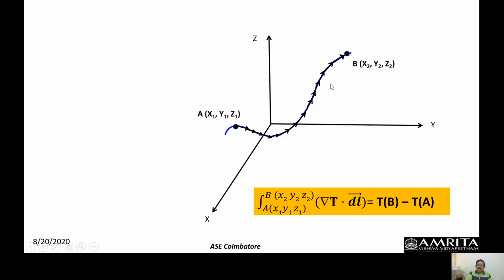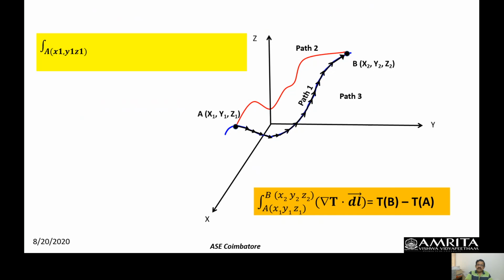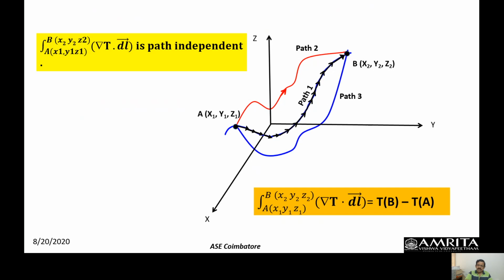So obviously the answer has to be yes. Indeed, it is path independent. So no matter whether I take this path or this path, in either case the answer will be the same.